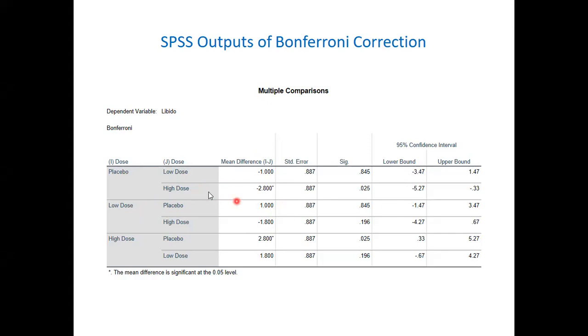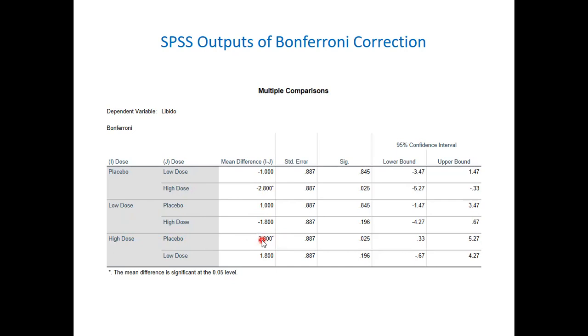Look at placebo and high dose. The mean for the high dose is 5, for the placebo is 2.2. The difference will be 2.8, so 2.2 minus 5 is going to be minus 2.8. When you come to high dose and placebo, it's the same 2.8: one is minus 2.8, the other is 2.8.